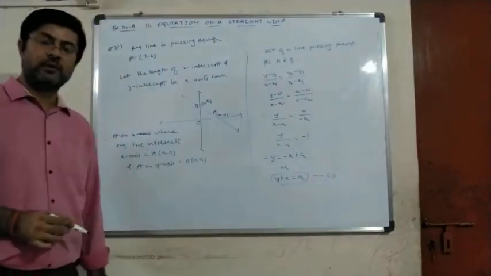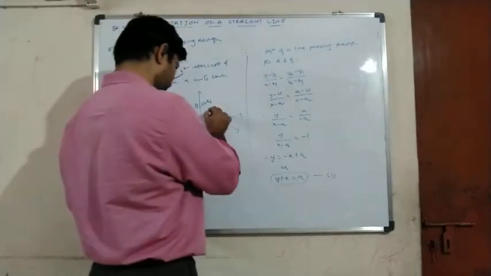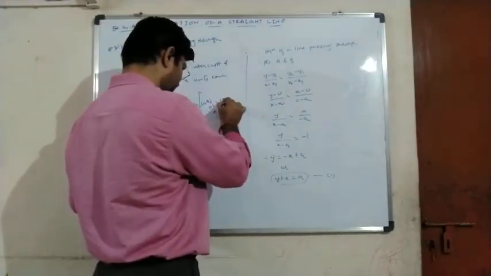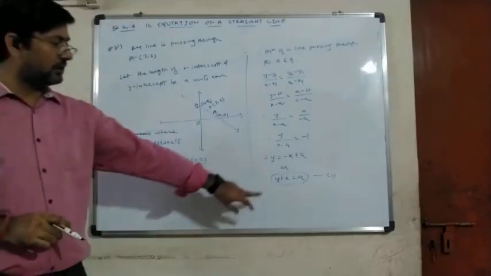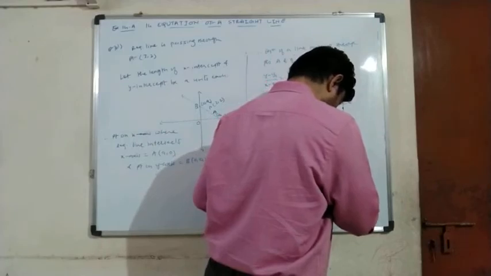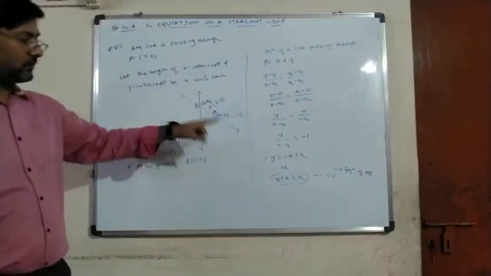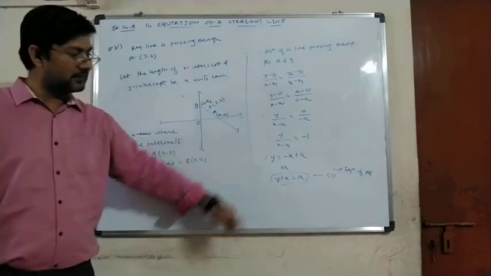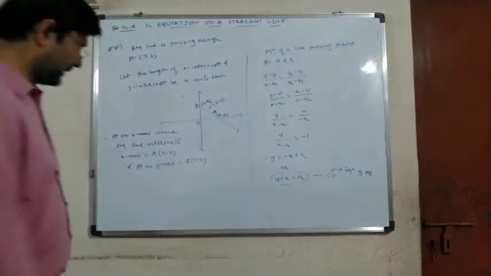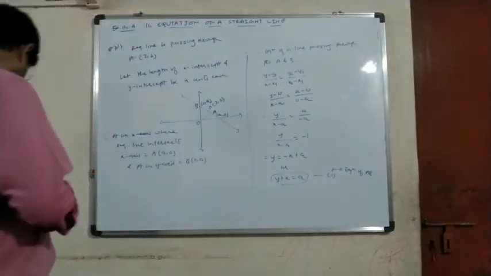Now we know that point (3, 2) is lying on the line. Suppose here we have point P (3, 2). This point is lying on the line AB. This is the equation of line AB. Clear? Now since the point P (3, 2) lies on the line AB, it will satisfy the equation of line AB. So let us put for the x coordinate 3 and for the y coordinate 2 in the given equation.